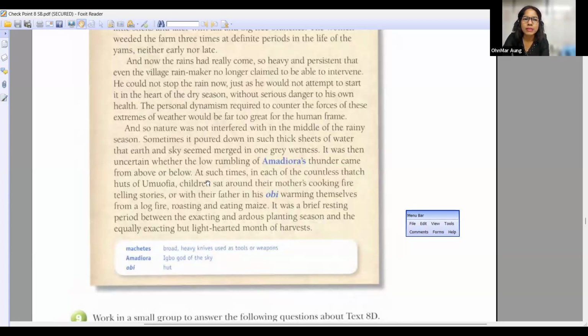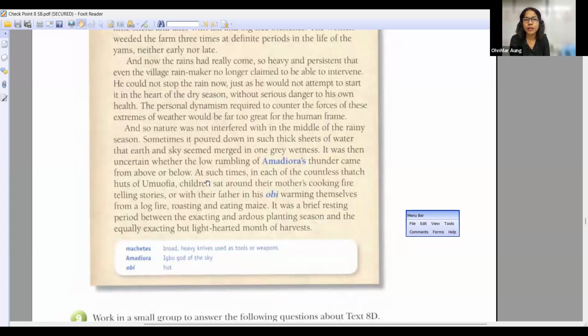The personal dynamism required to counter the forces of these extremes of weather. As the weather is quite extreme, right? It is quite good, very good for humans.